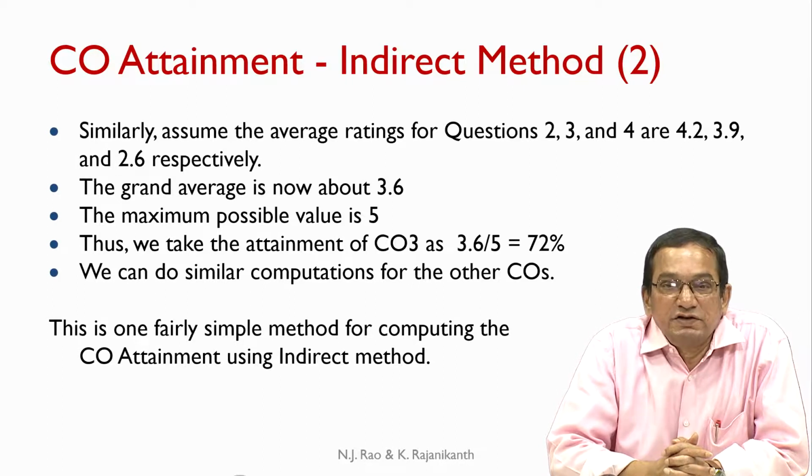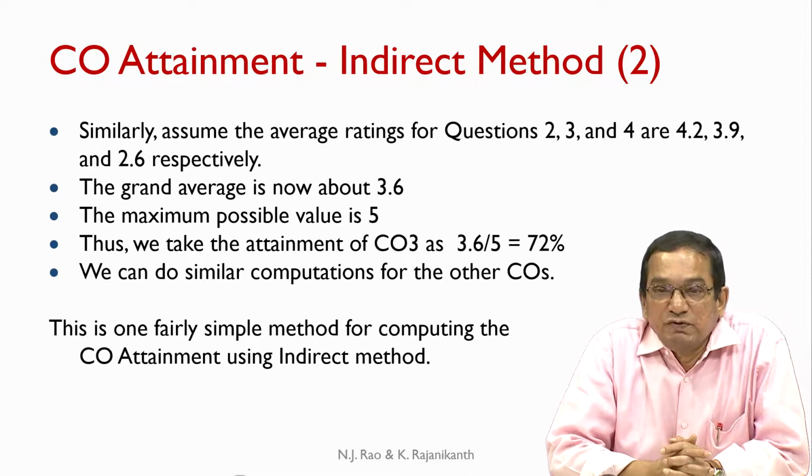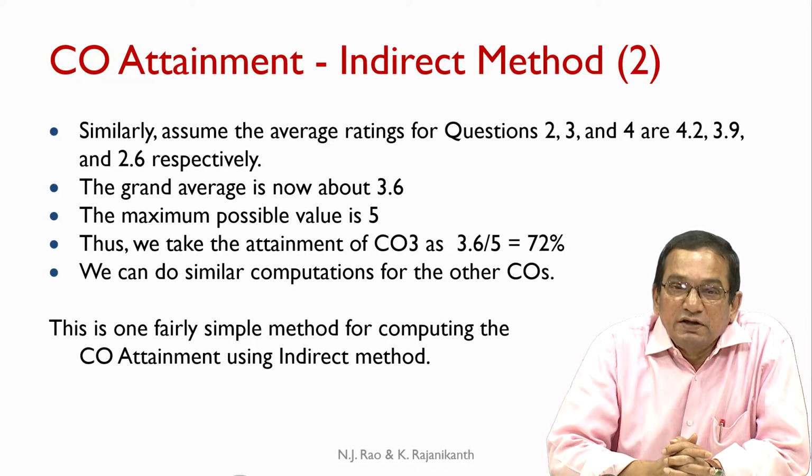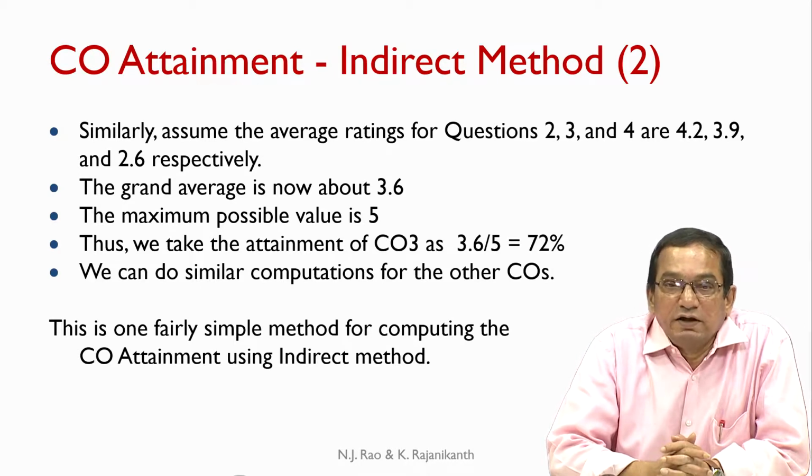The maximum possible value, the best possible value, is 5. So, we take the attainment of CO3 as 3.6 by 5, that is 72%. A very simple way of calculating the indirect attainment of the course outcomes.